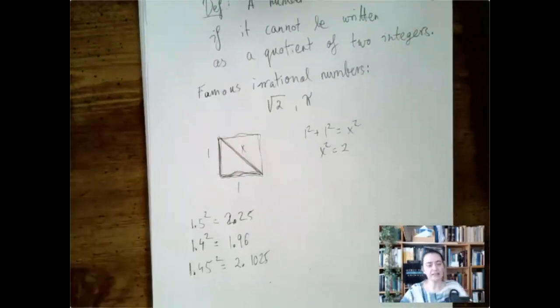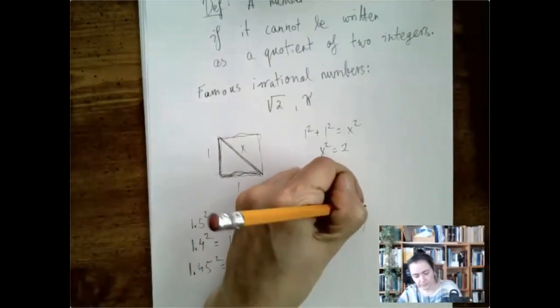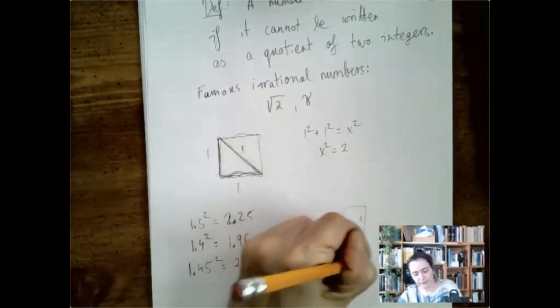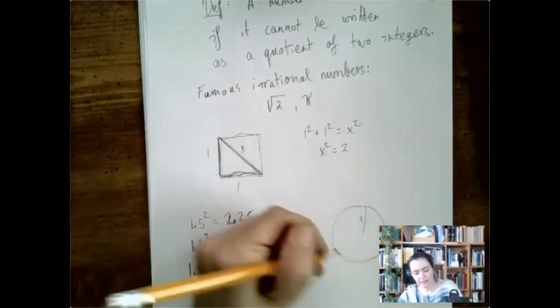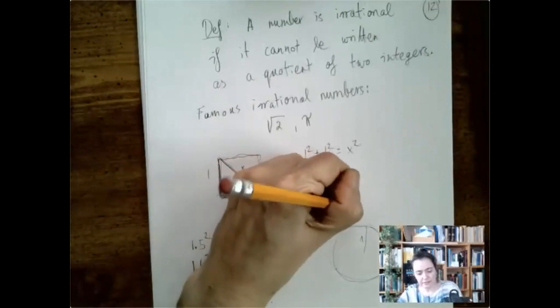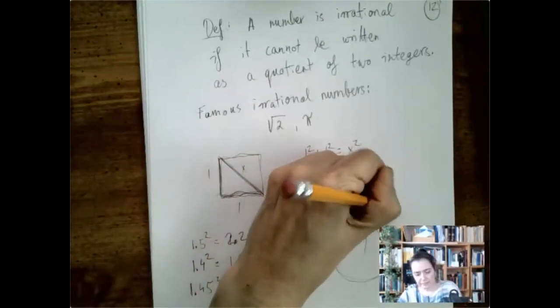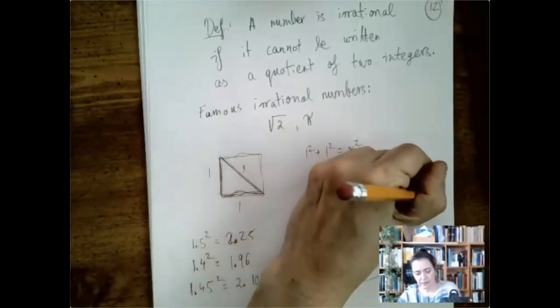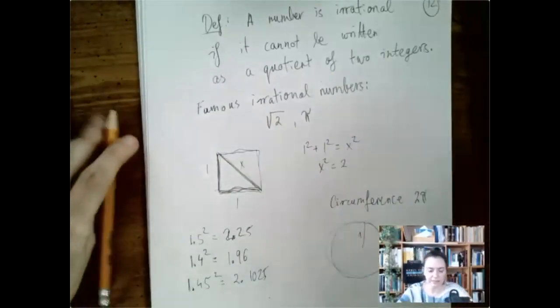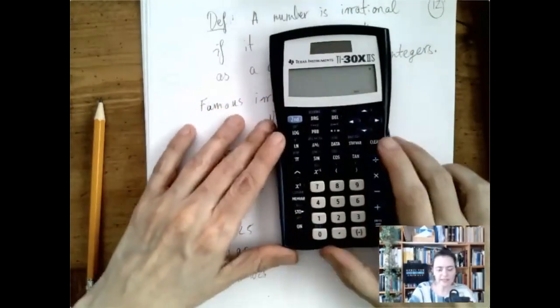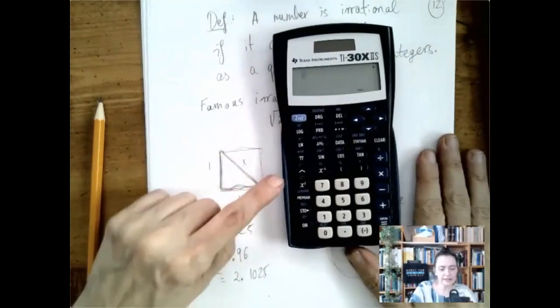And so did pi. If you take a circle with radius 1, then as it turns out, the circumference is 2 times this weird number pi. Pi is so important. There is a button in your calculator. That's pi right there.